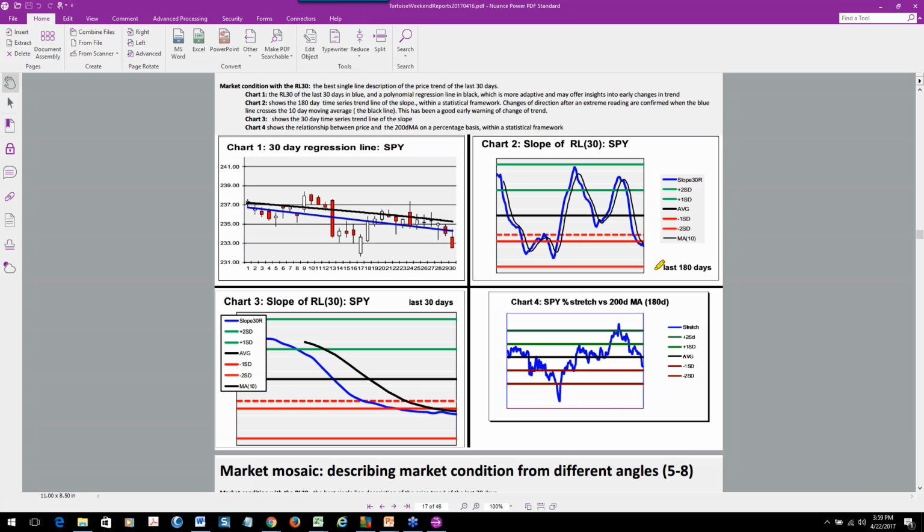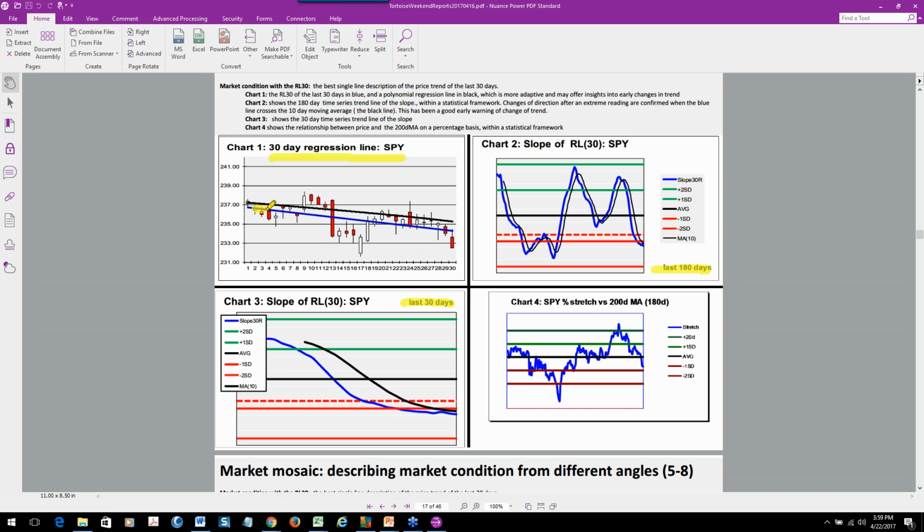So this is the slope statistic of the last 180 days. This zooms in on the last 30 days, and this is what each of those days looks like in the last 30. So chart number 1 shows the last 30 days of performance, and this is from last week's report, by the way. I haven't printed the current week, and that happens next. But from last week, these were the last 30 days of price.